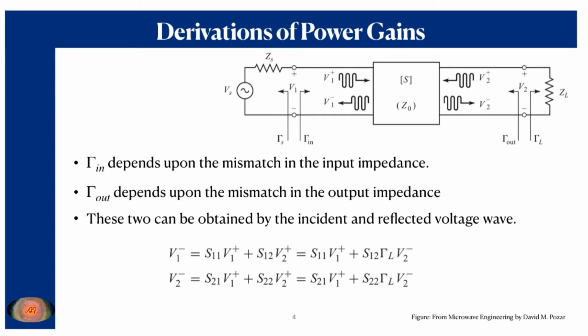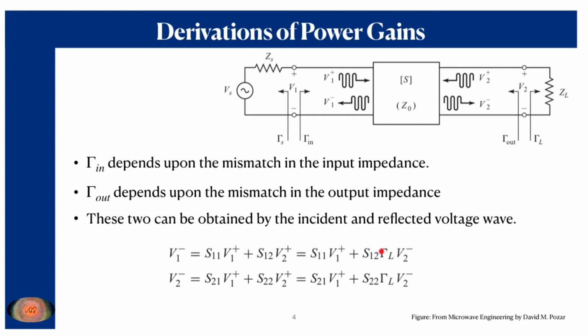That means when there is no excitation at port 2, S11 represents the pure reflected wave, defined by V1 minus divided by V1 plus. Similarly, S12 represents the magnitude of the wave that will be transferred from port 2 to port 1 when there is no reflected wave at port 1, and V2 minus is also defined accordingly.